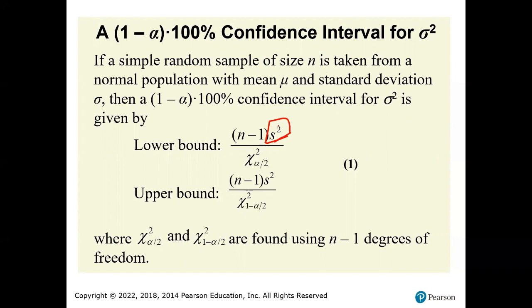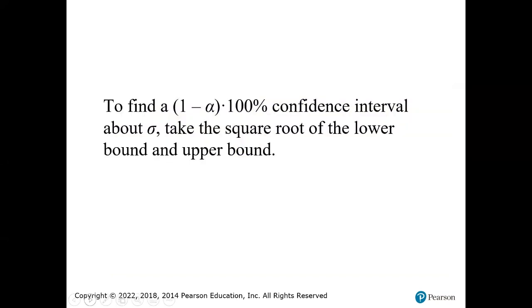It's just that when we do standard deviation, we have to do one additional step to get our value, okay? Because following the process of creating our confidence intervals, we are going to get a lower value for variance and a higher value for variance. So to get to the standard deviation, we are just going to square root. To find a whatever percent confidence interval about the standard deviation, you're going to take the square root of the lower bound and upper bound that we get.